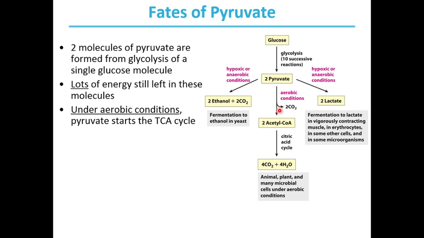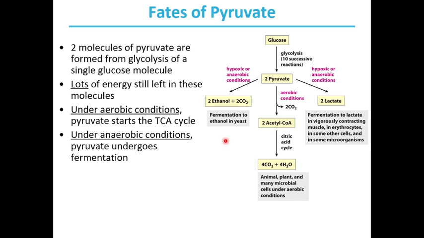Under aerobic conditions, in the presence of oxygen, pyruvate starts the TCA cycle, or citric acid cycle as it is called. Under anaerobic conditions, pyruvate undergoes fermentation. There are 2 types of fermentation. The first one is conversion of pyruvate to ethanol and carbon dioxide, and the second type is the conversion of pyruvate to lactate under anaerobic conditions.